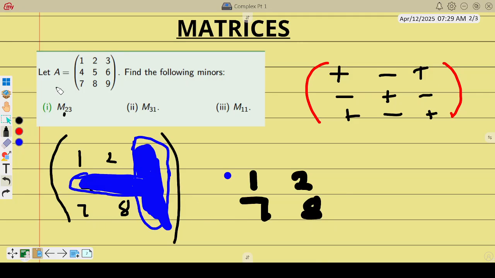So this means you eliminate the second row and third column. When we eliminate those two, we are going to remain with a 2 by 2 matrix.